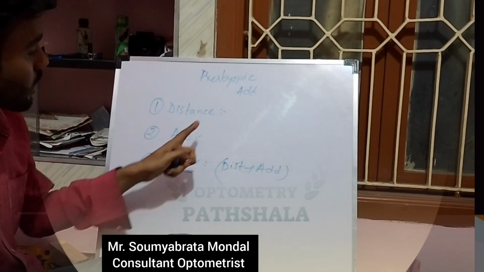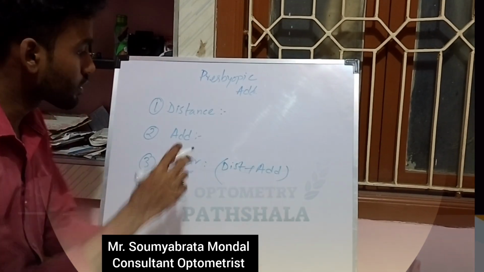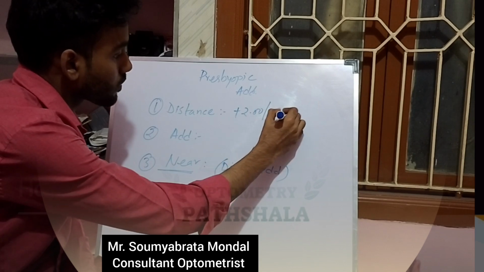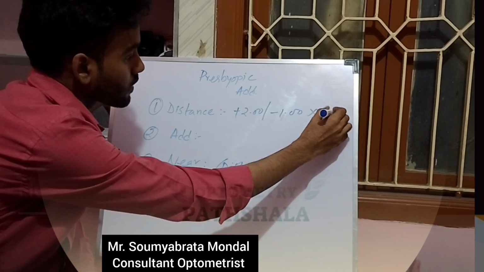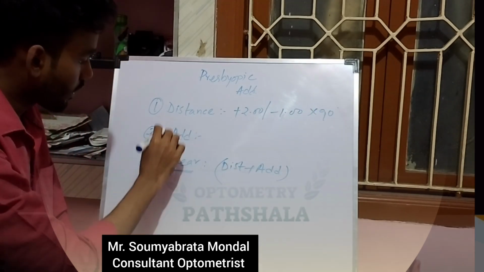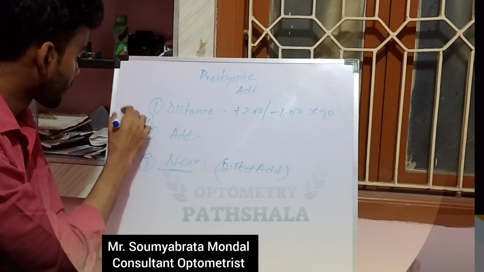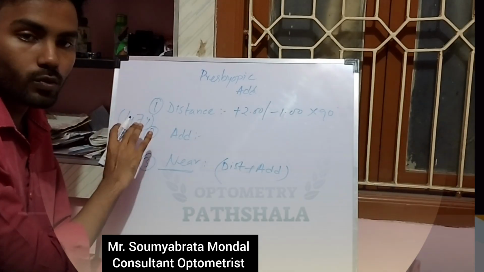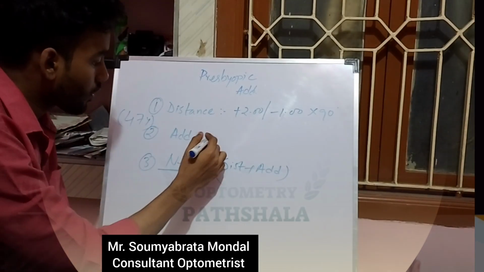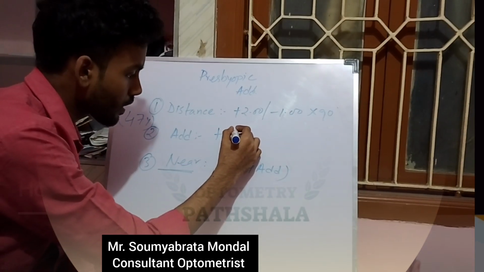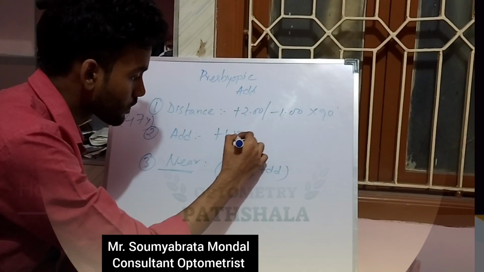For example, if a patient's distance correction is +2 with -1 at 90 degree, and suppose the patient's age is 47 years, so according to age you will give an addition of, for example, plus 1.50 diopter.